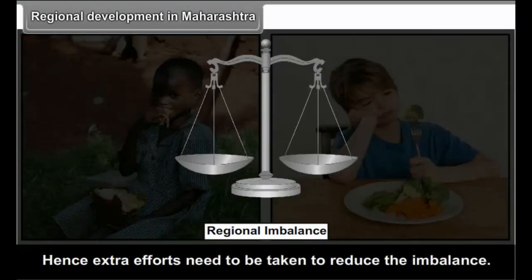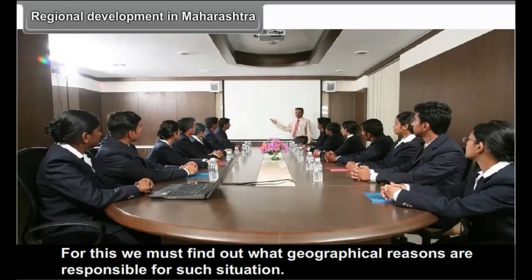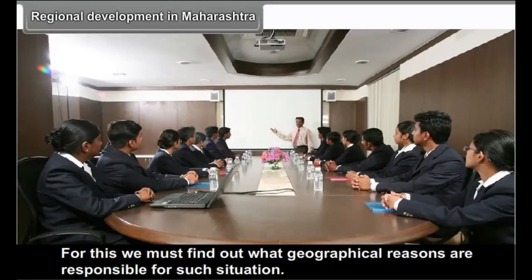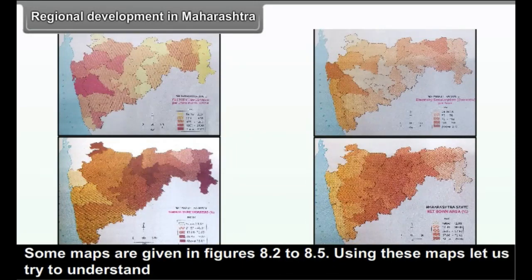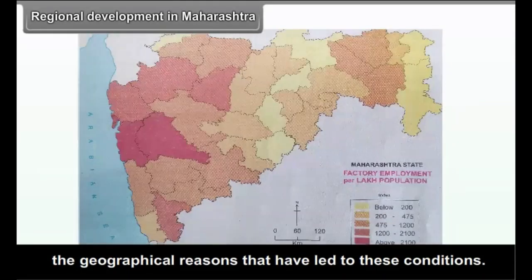Hence, extra efforts need to be taken to reduce the imbalance. For this, we must find out what geographical reasons are responsible for such situations. Some maps are given in figures 8.2 to 8.5. Using these maps, let us try to understand the geographical reasons that have led to these conditions.